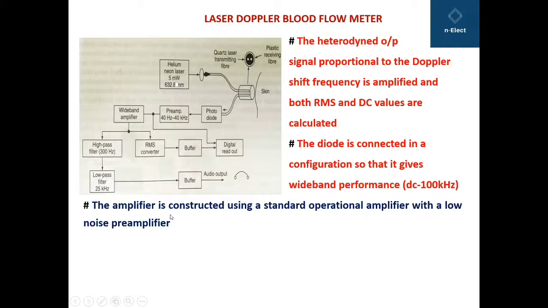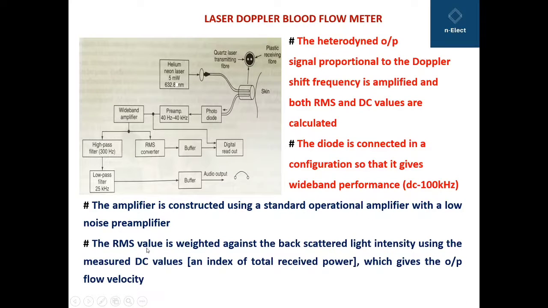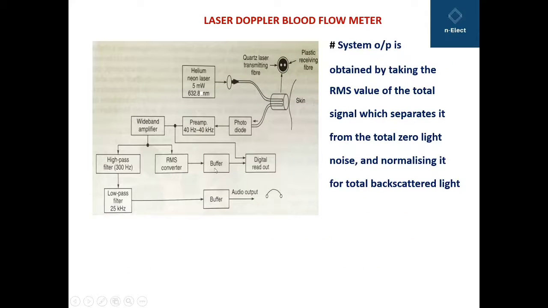The amplifier is constructed using a standard operational amplifier with low noise. The RMS value here is weighted against the backscattered light intensity using the measured DC values, which is also called an index of the total received power, and this gives the output flow velocity at the digital readout.